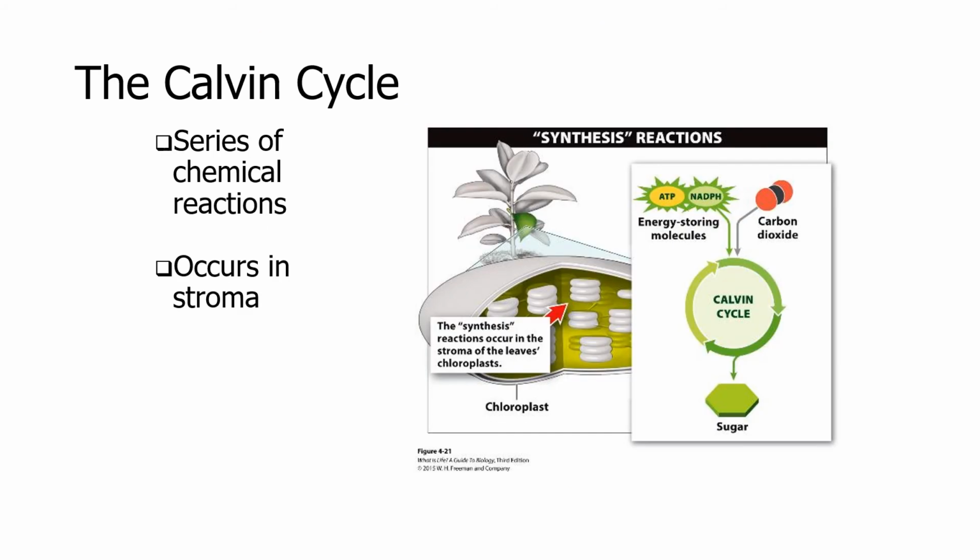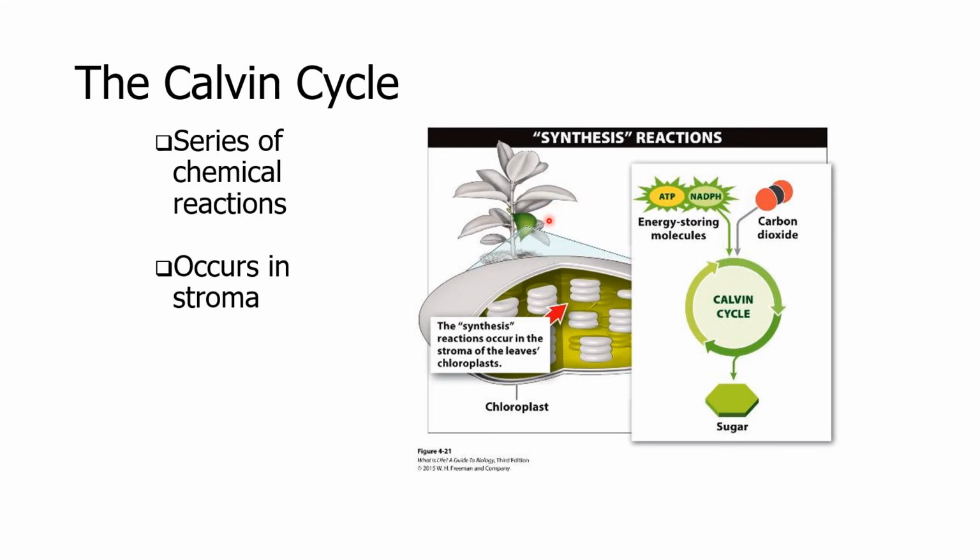So right here, the Calvin cycle is going to take place within that thick fluid inside of the chloroplast known as the stroma. The Calvin cycle needs three things. It needs carbon dioxide from the air, and it needs two products that come out from the light reaction.